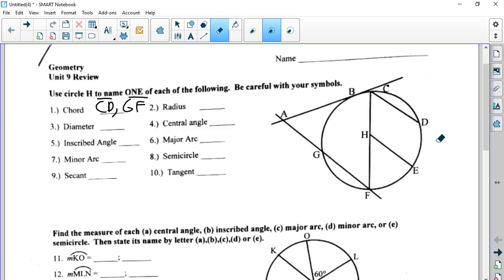Now, radius. Radius is going to be from the center out to the edge of the circle. So HE, HC, or HF. Any one of those counts as a radius.